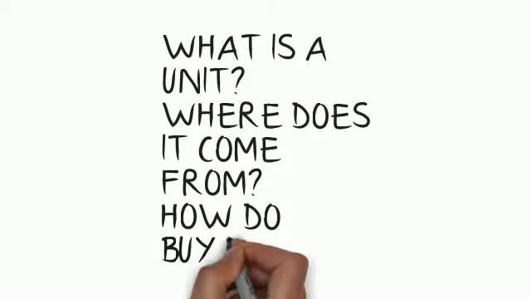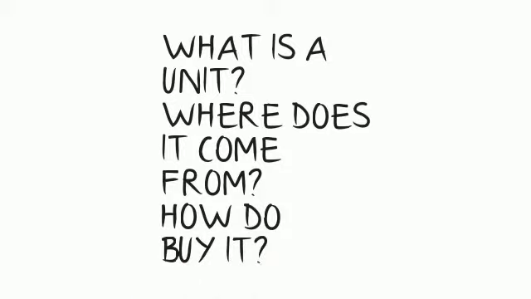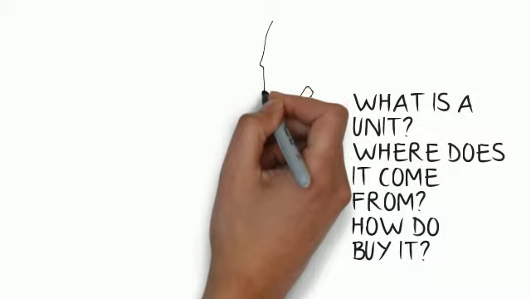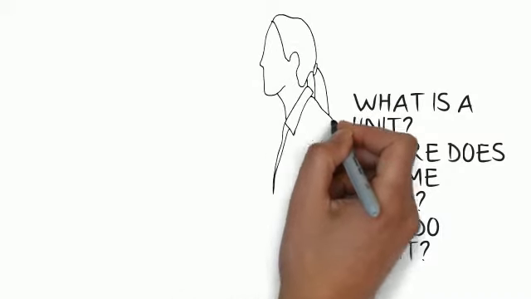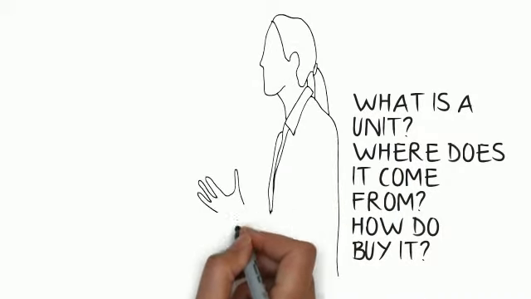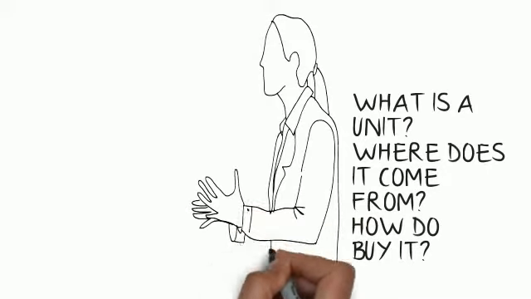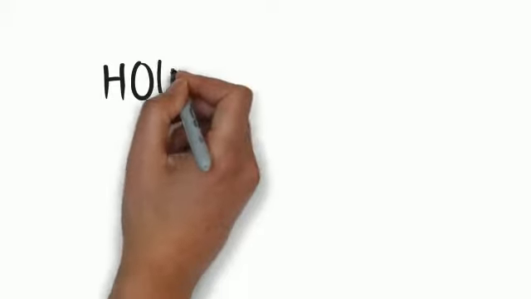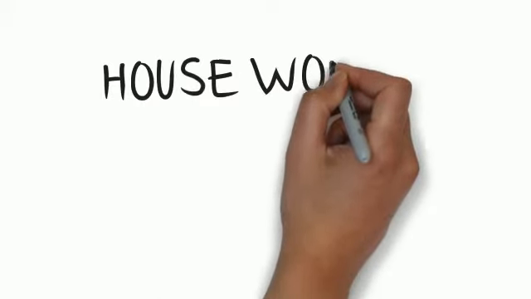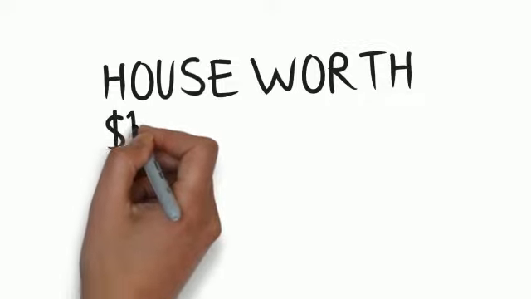So we come to an explanation of how units are created. We start off looking at unitizing an asset, the process of unitizing an asset.